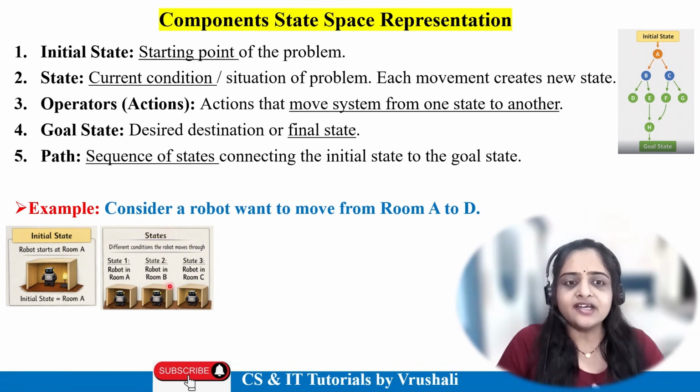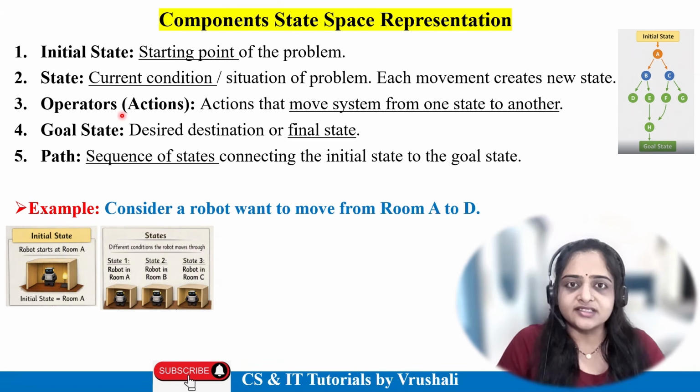After that, the robot goes to room B. This is the current condition, so this is called state 2. After that, the robot goes to room C. This is the current state again, which is called state 3. Basically, each movement creates a new state. So these are called states in AI.